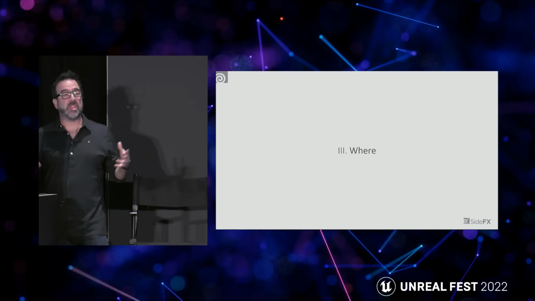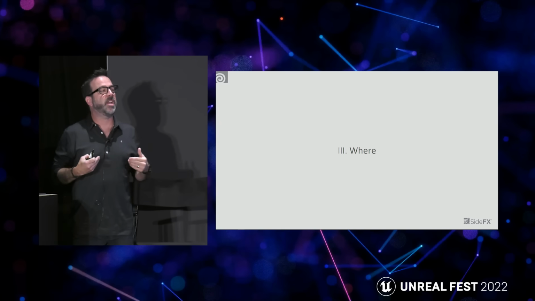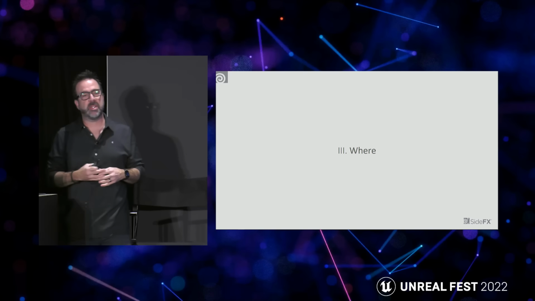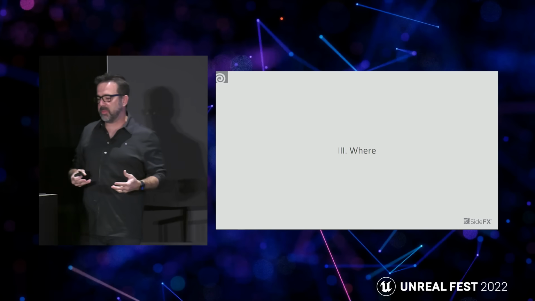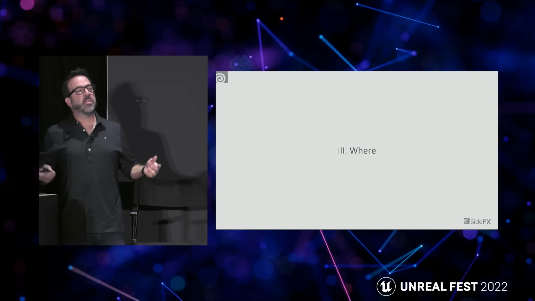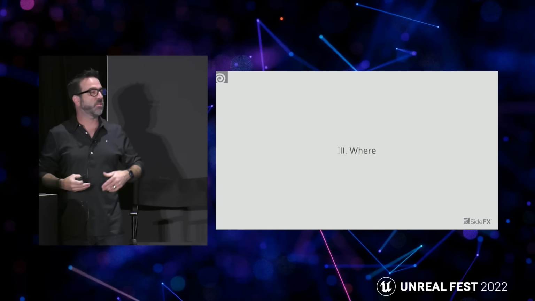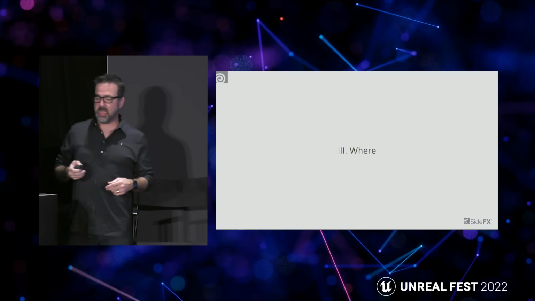These are great questions, especially since we encounter that at SideFX all the time: studios that have really established, well-built pipelines over years. Where am I going to put Houdini now? Where does that fit into my pipeline? So what we're going to do is take a look at some work from customers, from clients, from individual artists that have gone down that road of implementing Houdini into their pipeline.